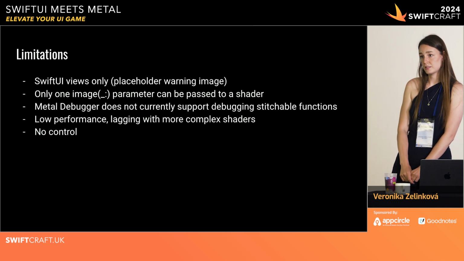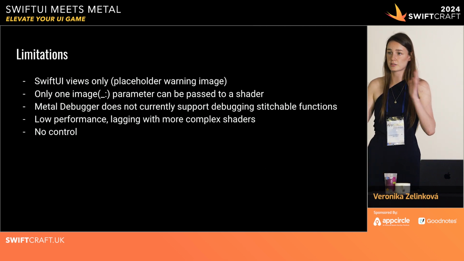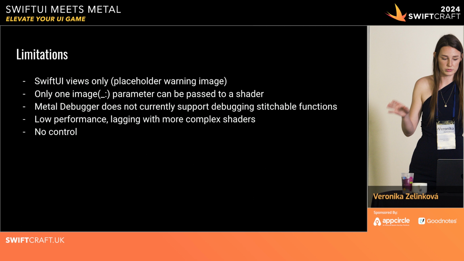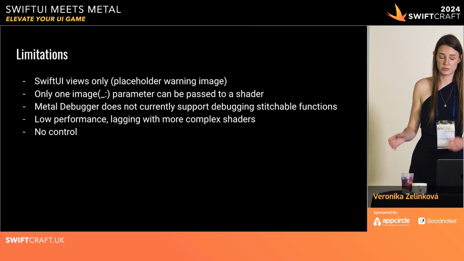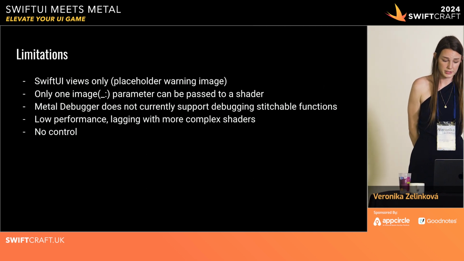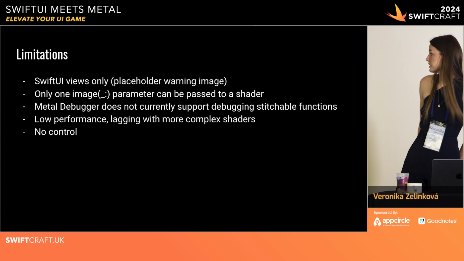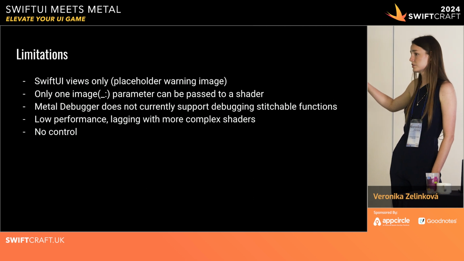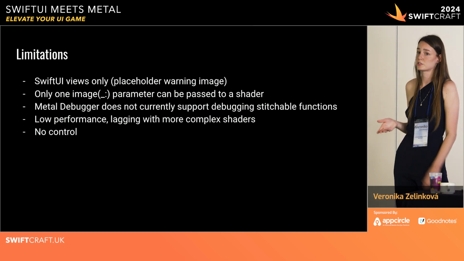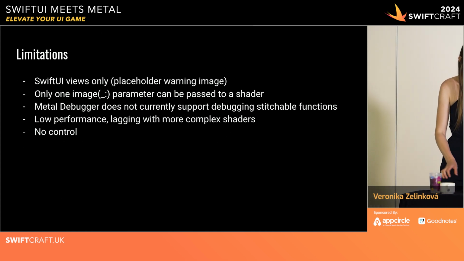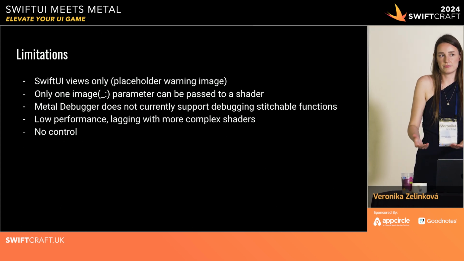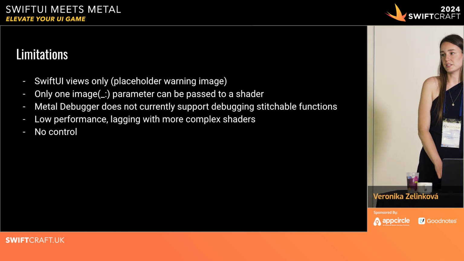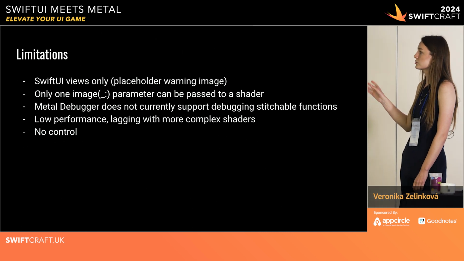I found out that if I wrote very, very complex shaders, I saw some lower performance, which I would probably not get if I would set up Metal in UIKit on its own. So it's a little bit laggy with more complex shaders, but the ones which I was showing you in this presentation work fast.